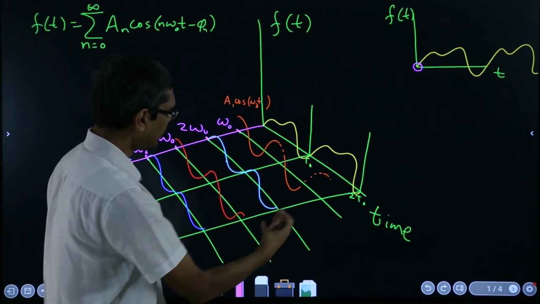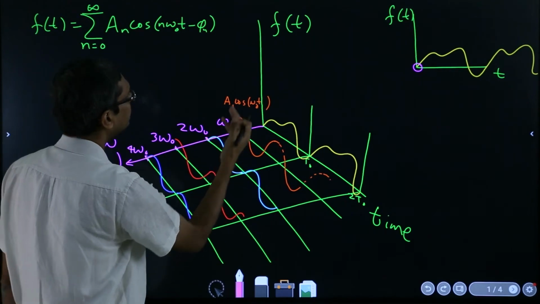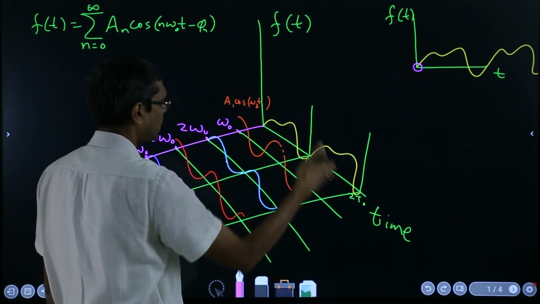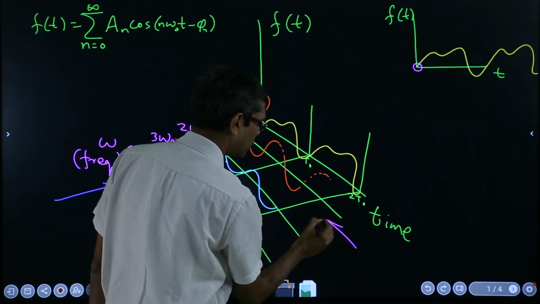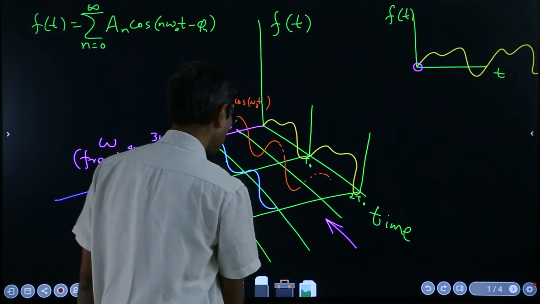And if I turn this picture clockwise, so that I'm looking from far away in time, then these things will look something like this.